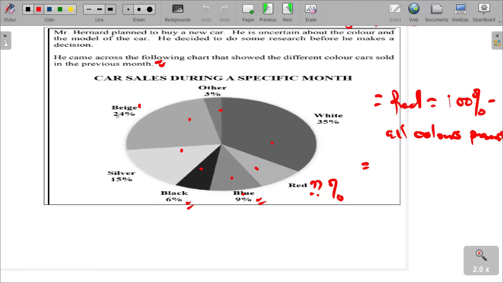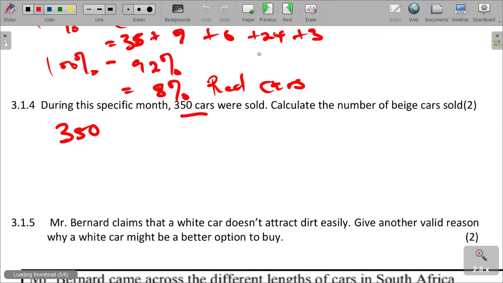The beige cars are given as 24%. So 350 multiplied by 24%, that is 24 out of 100.